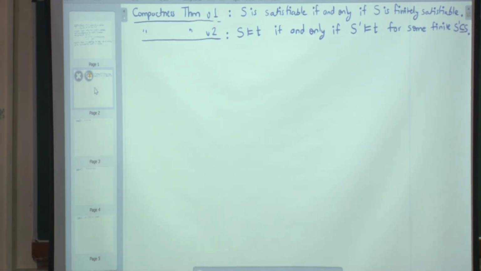If S models T, if T is a logical consequence of S, then S proves T. So completeness version 2 implies compactness version 2.